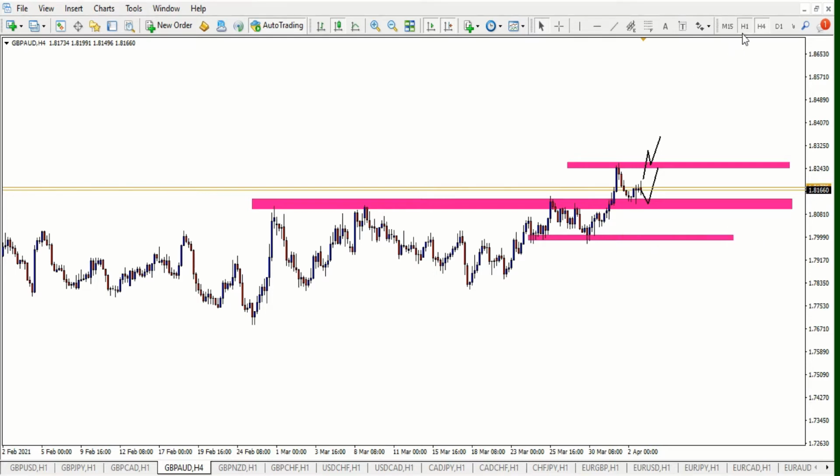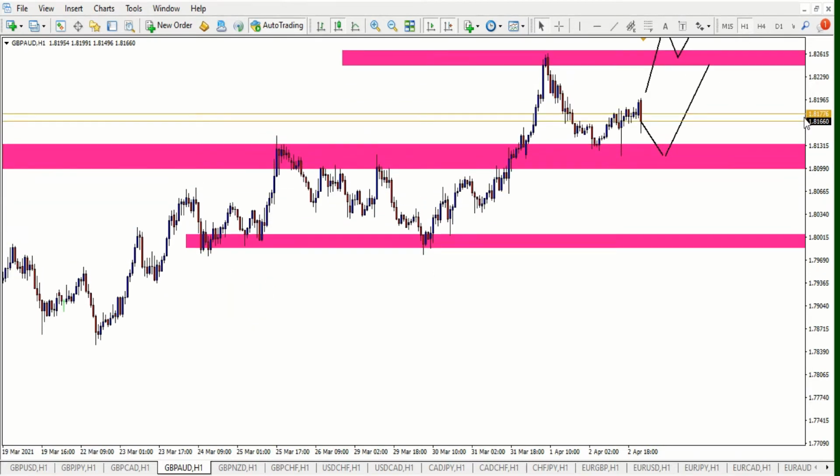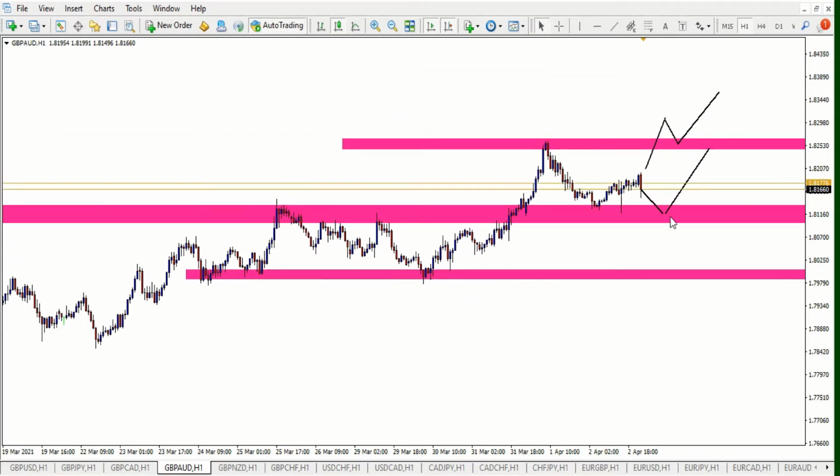So we do have support there, so if it breaks through the support, the market could potentially come back down all the way to this relatively strong support, and again make its way back up. So that is what we're looking for the Great British Pound and the Australian Dollar.